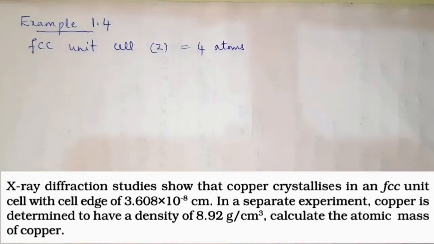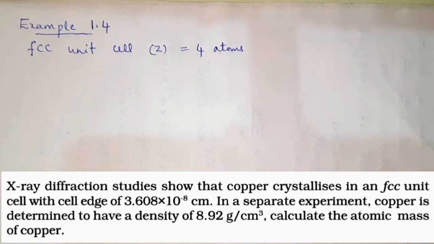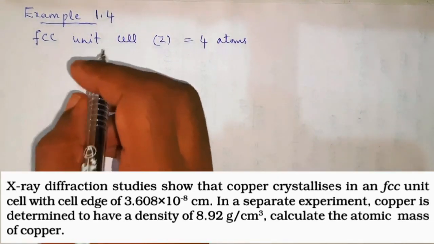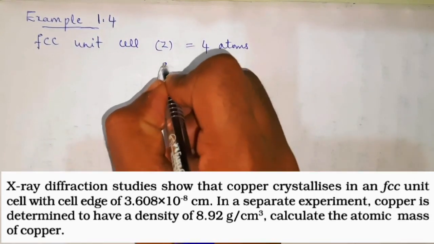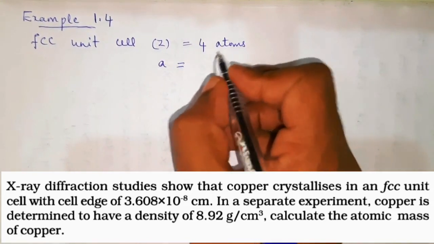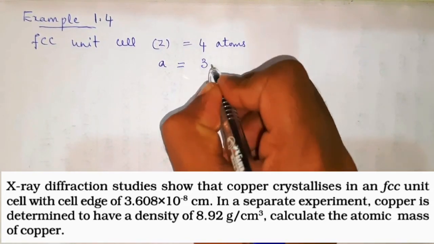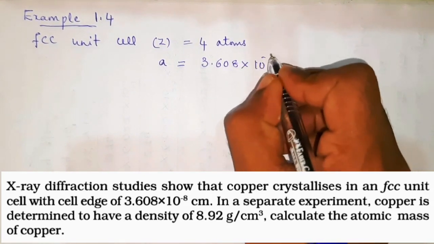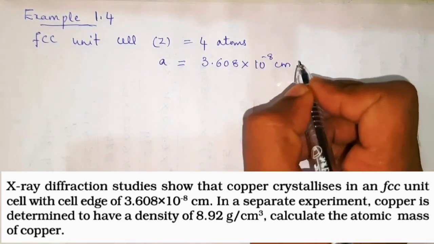Now the cell edge is given. Cell edge means it is a, so a is given as 3.608 × 10^-8 centimeter.